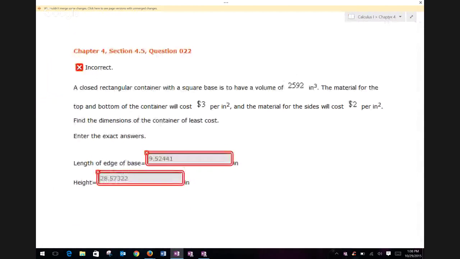On this question, we have to come up with a function for volume and a function for the cost that it takes to make this rectangular container with a square base.